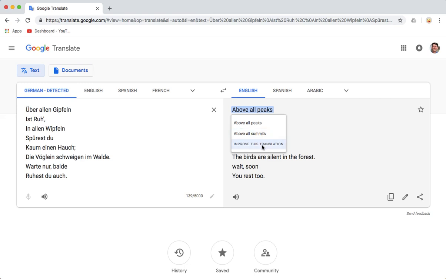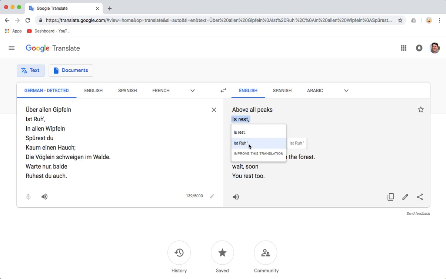And it also has improved this translation, which is, I think, how they're getting such good translations for some of these things, is that people are going in and doing that, especially for probably common texts, including common song texts like this one. So you probably knew all of that already.